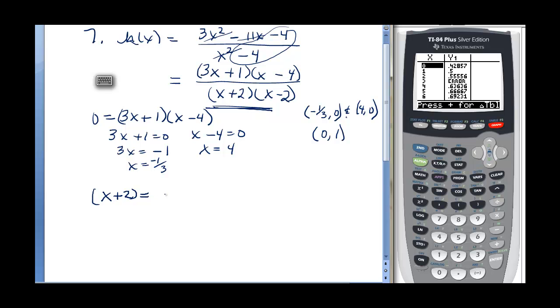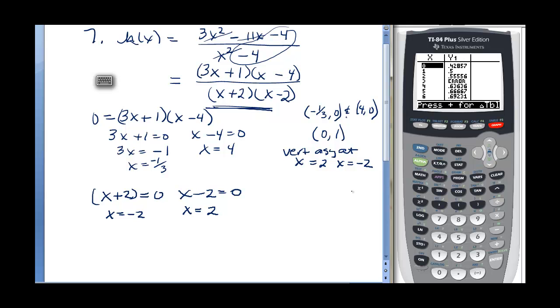So x plus 2 equals 0 and x minus 2 equals 0, so x is -2 and x is +2. So I have vertical asymptotes at x equals 2 and x equals -2.